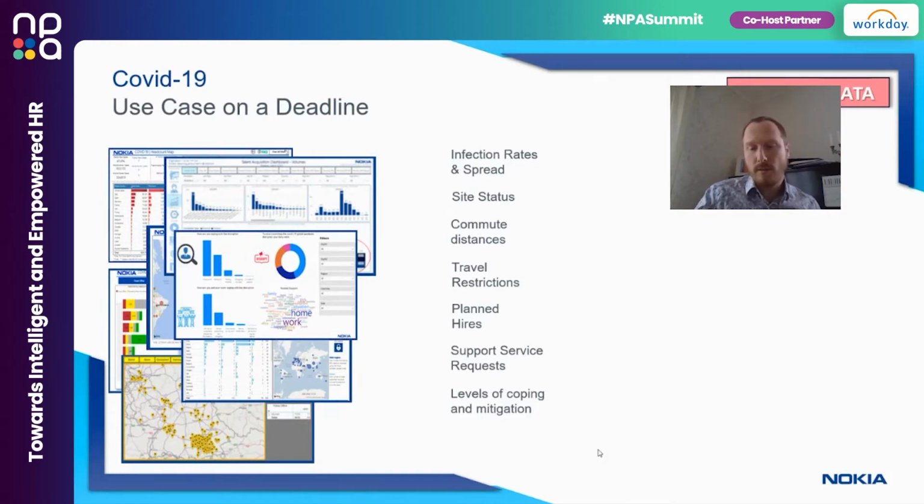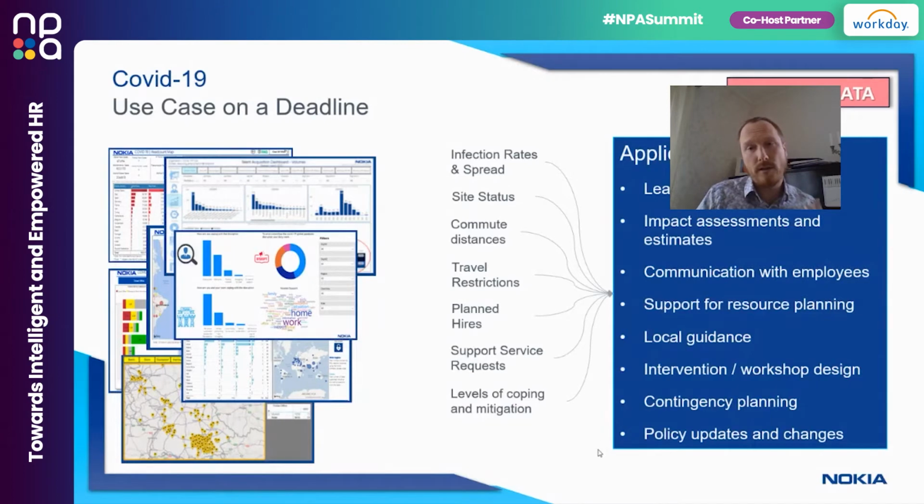So we brought together people from all over our network to provide data, and we started to integrate it, specifically with the idea of informing leadership support, of assessing our current state, of communicating with employees to make sure that they felt included and that we understood the situation as it was evolving, and that we could support resource planning, provide local guidance, design and create interventions and workshops, work on contingency planning, and then update our policies accordingly as COVID reshaped the working world.